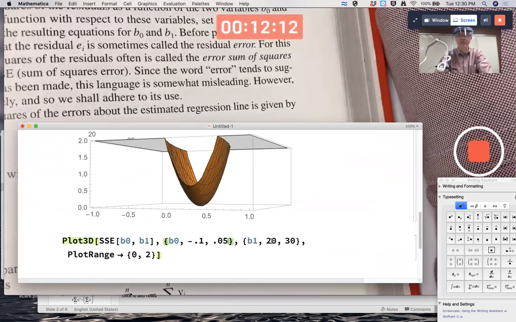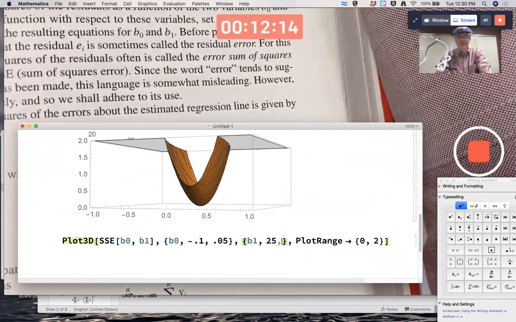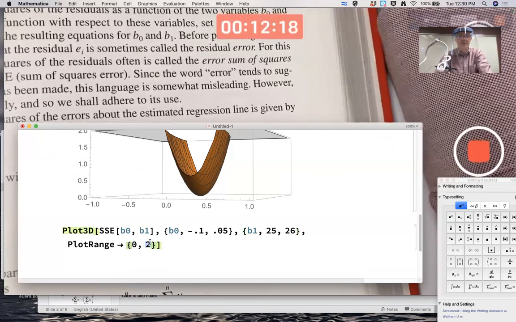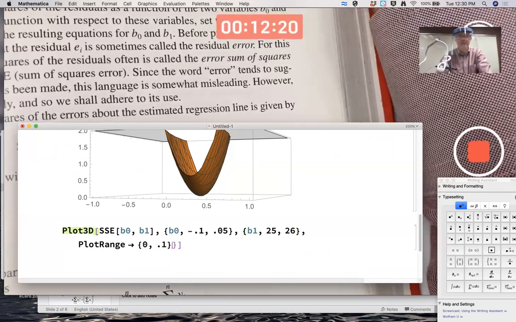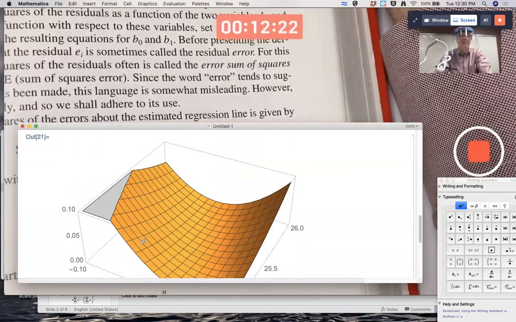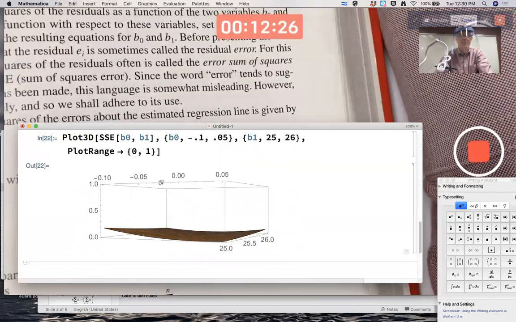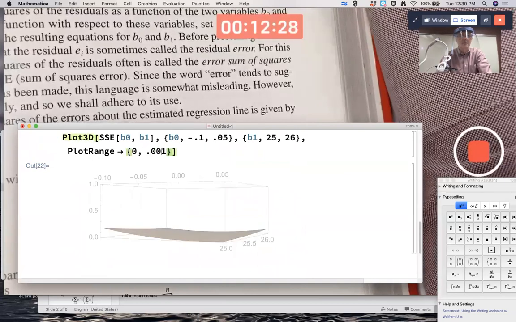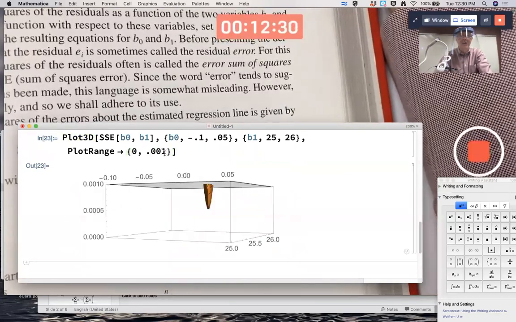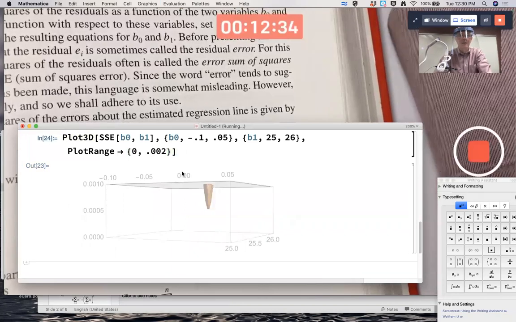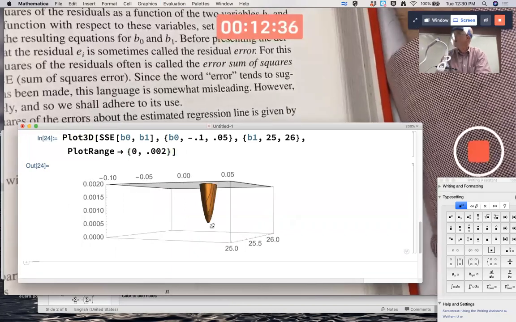So if I go 25 to 26, it might become a bit more clear, maybe if I make this smaller, that there truly is a minimum at one point. Maybe I should try to go. Let's see. No, okay. Yeah, okay, that's becoming more clear. There's the lowest point on this graph.